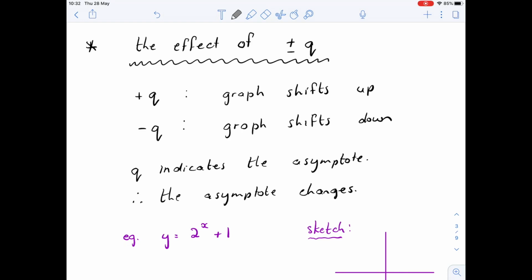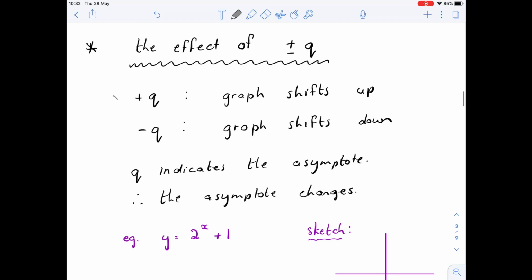Now that's a nice easy one, because remember always the plus or the minus q. If it's plus q, then it shifts the graph up, and if it's minus q, it shifts the whole graph down. And in the exponential function, the q always indicates the asymptote. The asymptote will then change. The graph is not defined at the asymptote, so it changes.